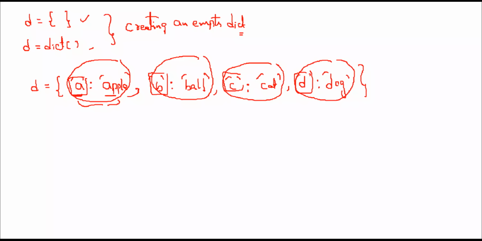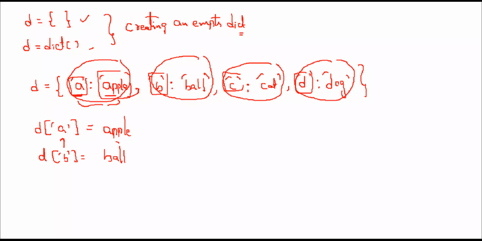Suppose you want to know a value, you can get it by mentioning its key. Here if you write D of A, that means A is a key. D of A gives the value apple. If you write D of B, it gives the value ball.